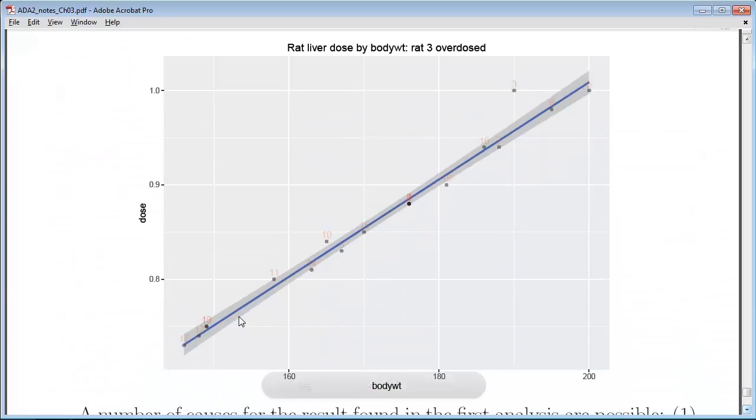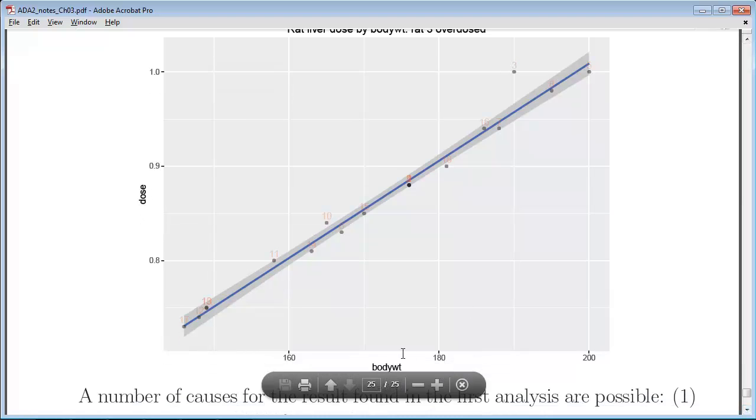here's the plot of dose versus body weight. And what we see is, given a body weight, we selected a dose. So we get almost a perfect line here, right? There's a little bit of error just based on perhaps how well you can measure a dose until you get to observation 3.